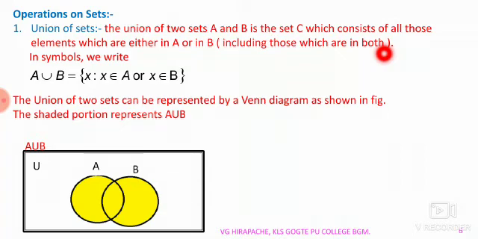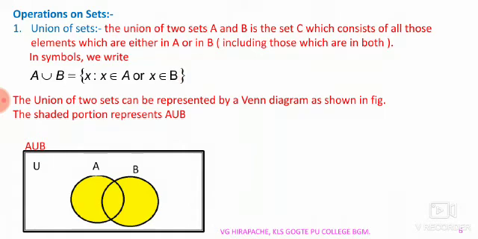Such a relationship between these two sets is called the union of the given two sets. In symbols, we write A union B is equal to the set containing x such that x belongs to A, or x belongs to B, or x belongs to both the sets. Whatever elements are in A and B, we write all those elements in the union of the two sets.